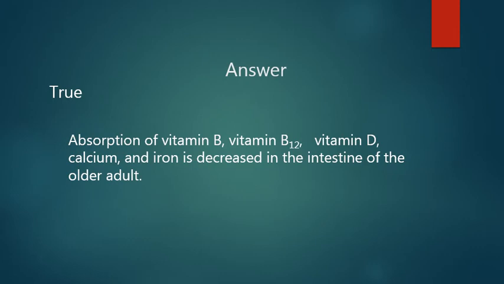The absorption of B12, vitamin D, calcium, and iron is decreased in the intestine of the older adult. So it becomes very vital for us to assess these normal changes in the agricultural worker population who are aging.